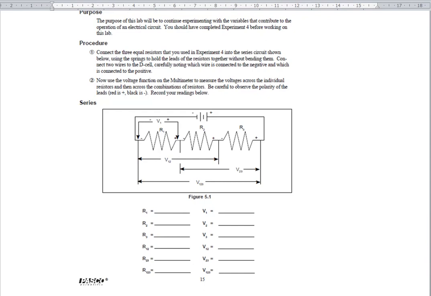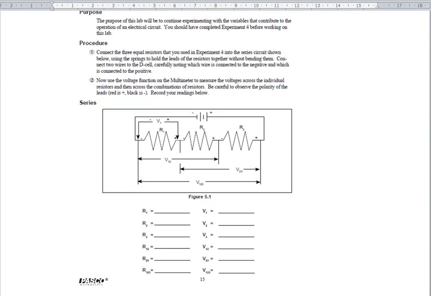We assume that R1, R2, R3 are equal to each other, and each of them is equivalent to 200 ohm. Now, what you need to do is calculate the value of R12, which is the equivalent resistance of R1, R2. Remember, R1, R2 here are connected in series.